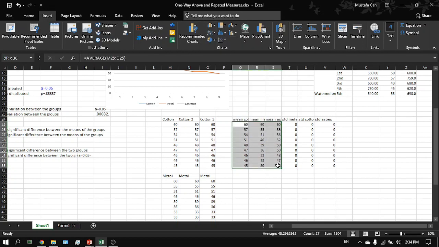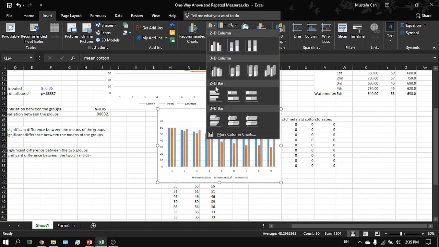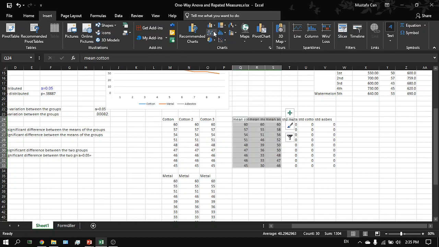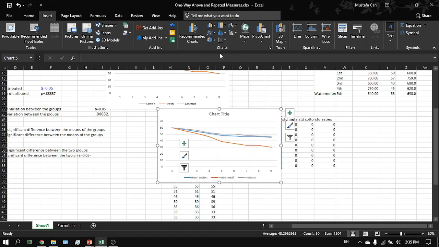I select normally with this one, click on it and drag it so that you can select it, and then you press Control. I don't know what you would do for Mac. I just know it for Windows. I press Control, insert, not a bar graph, sorry, line graph, the first one.